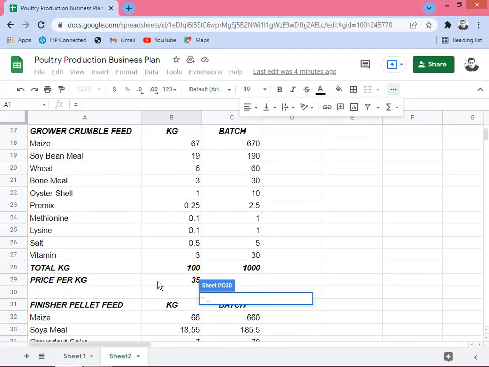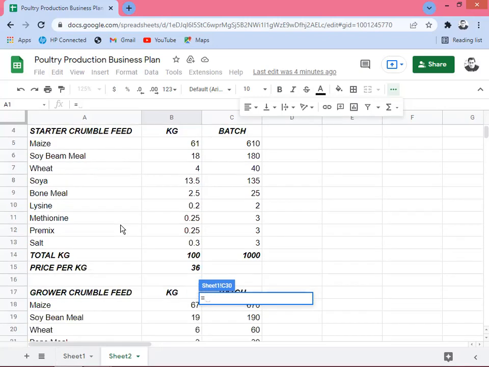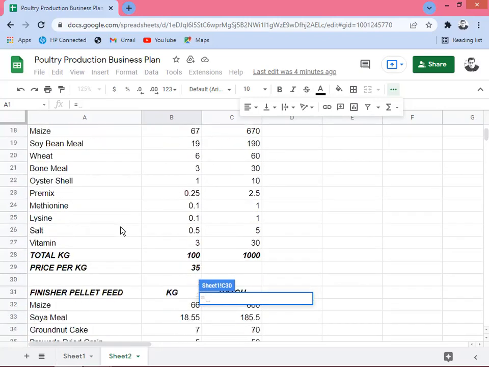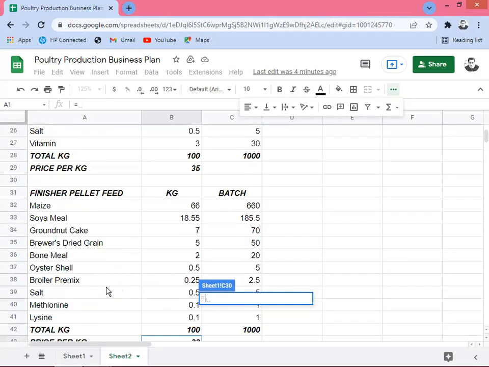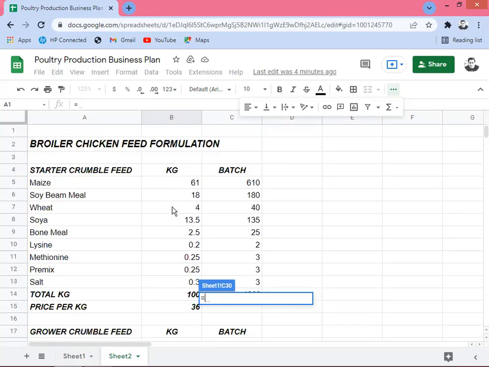I have prepared some formulations of feeds here: starter crumble feed, grower crumble feed, and finisher pellet feed. These are the formulations in terms of kilogram, and the ingredients are maize, or yellow corn. In the US they call it yellow corn, but in some other countries they call it maize.